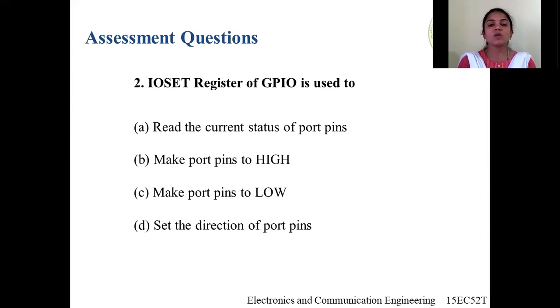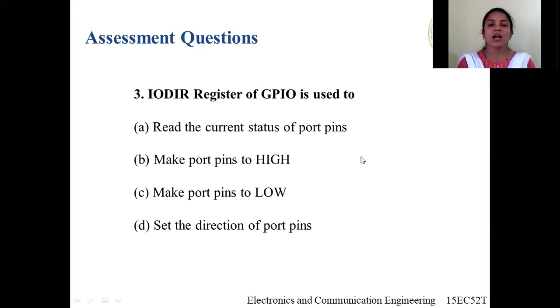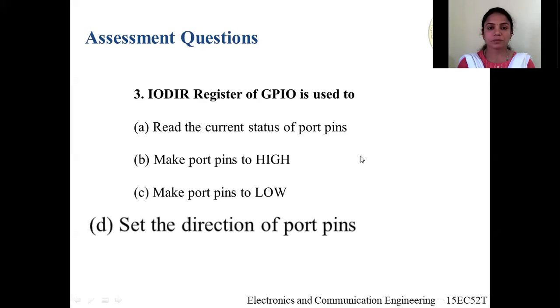Next one, the IOSET register of GPIO is used to make port pins high. If you want to set that pin value to high, then we use the IOSET register of GPIO. And the IODIR register of GPIO is used to set the direction of port pins.